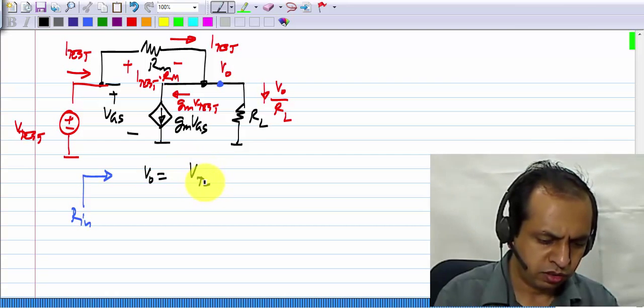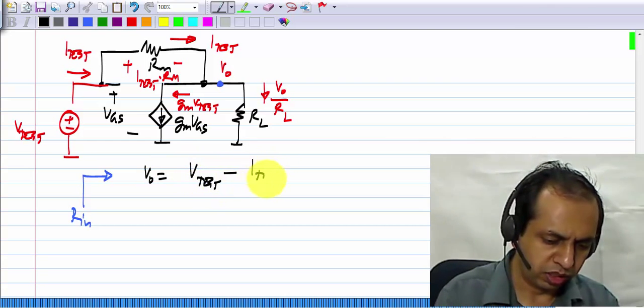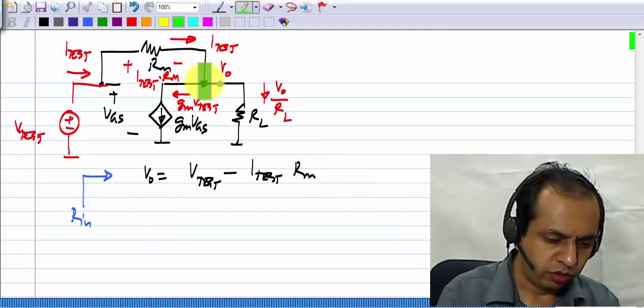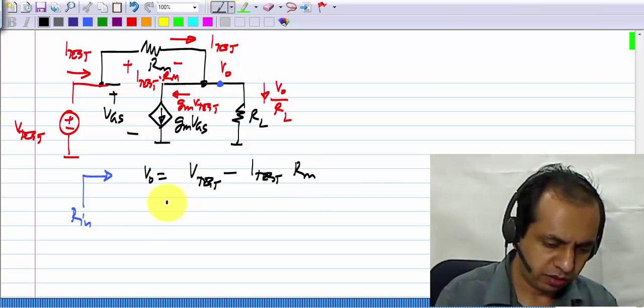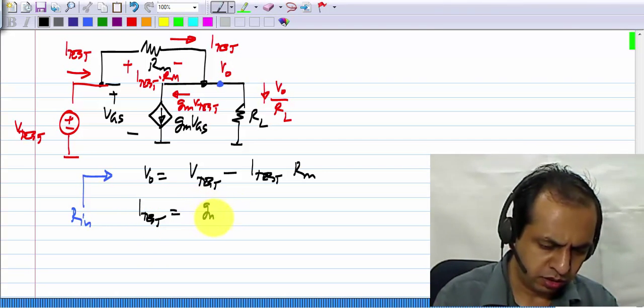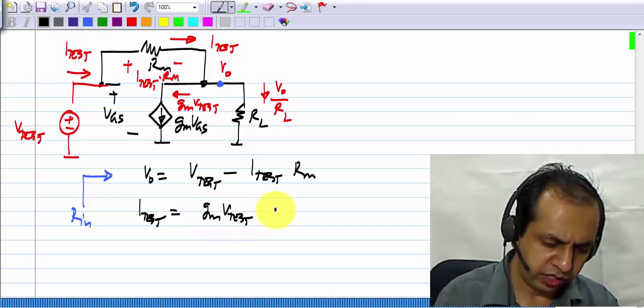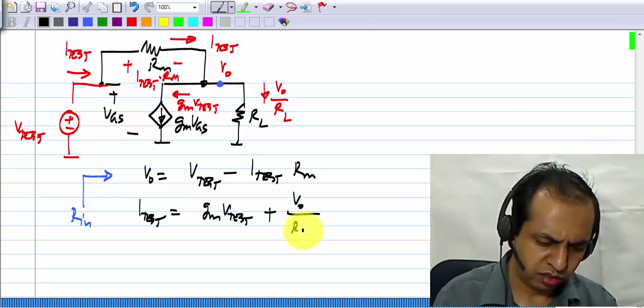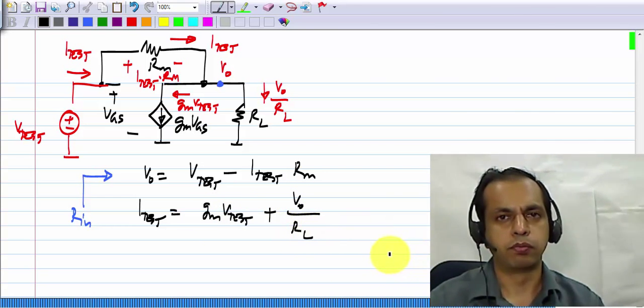V0 equals V test minus I test times Rm, and writing Kirchhoff's law here, we get I test equals GM V test plus V0 by RL.